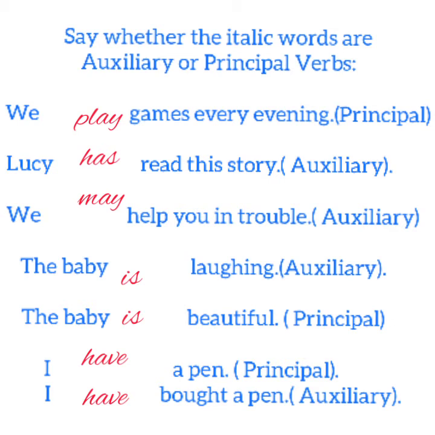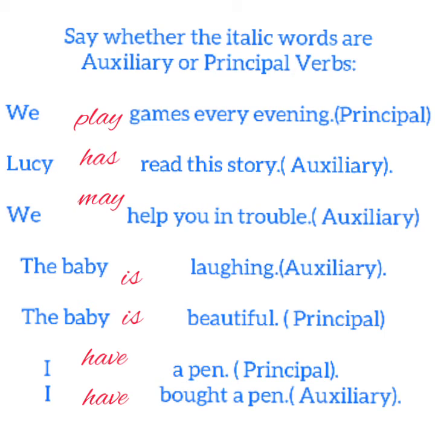The italic word here is has. Let us see if we can find any other verb in this sentence. Yes, there is another verb, read. Here read is the main verb, the principal verb. Has is the helping verb.